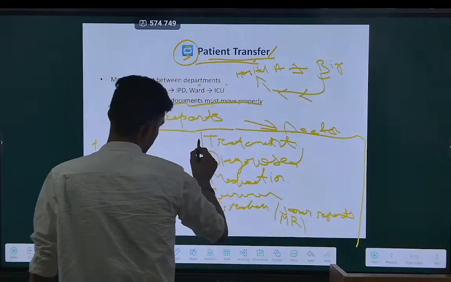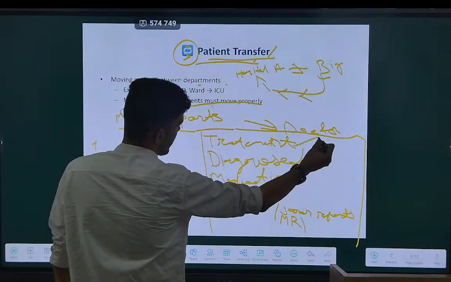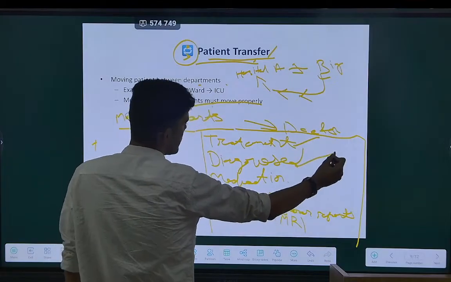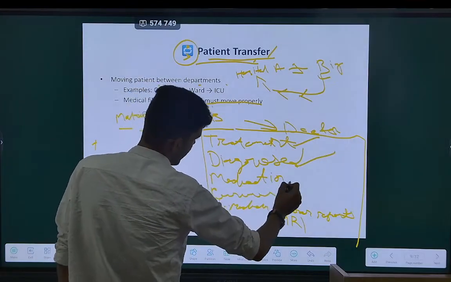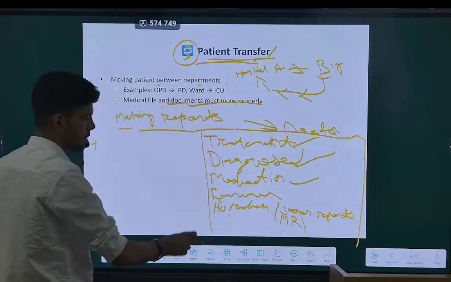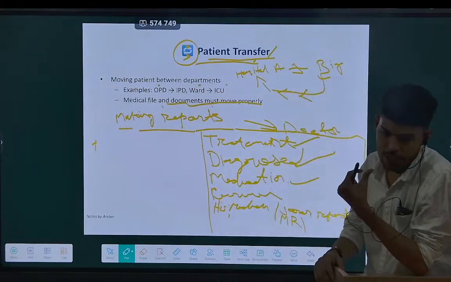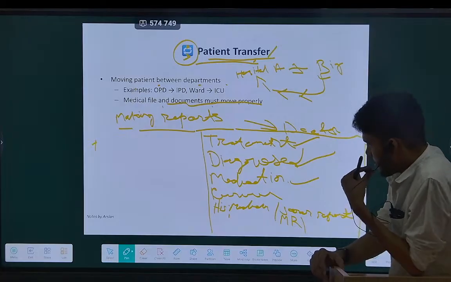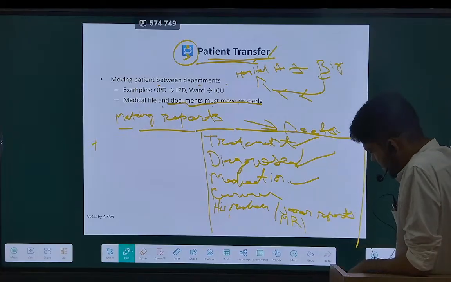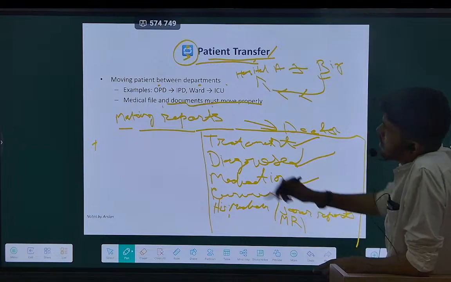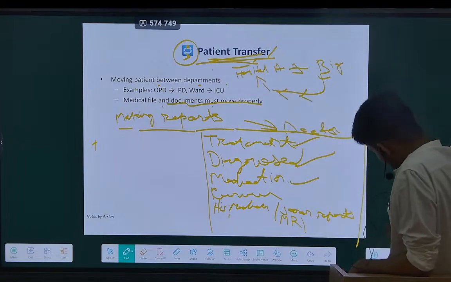Whatever treatment he has taken, what disease he had, what medication he had, what reports are there, all the medical file needs to be also taken. Okay, so this is the work of patient transfer.